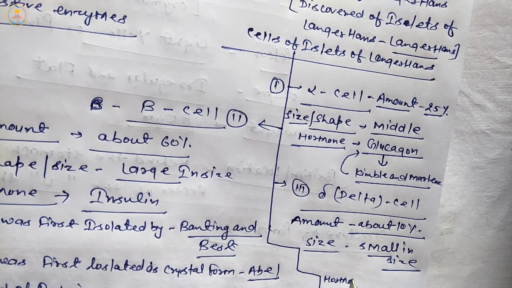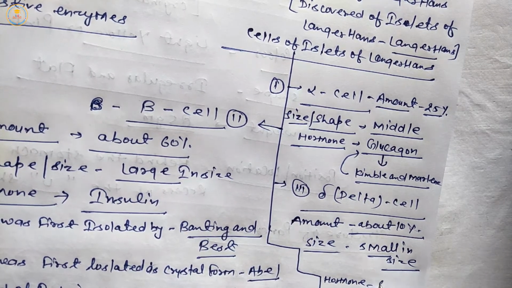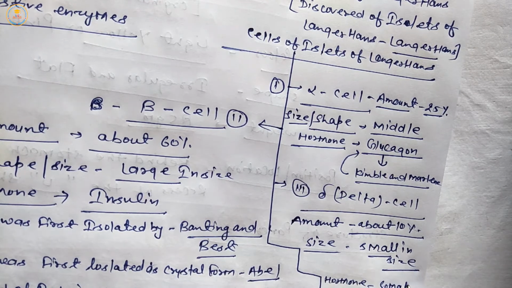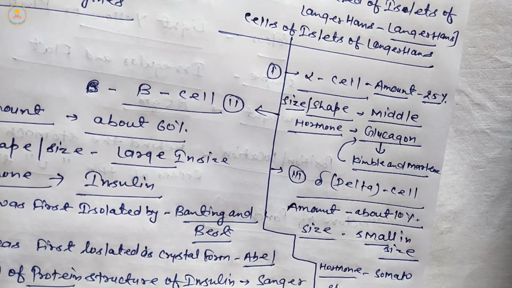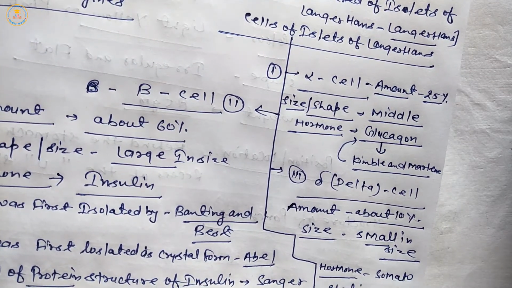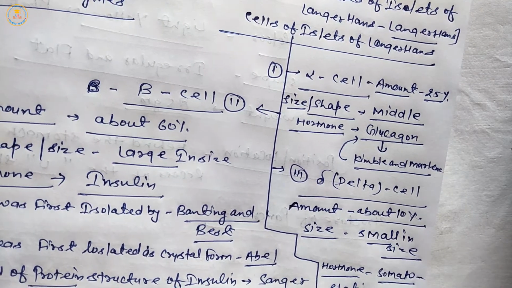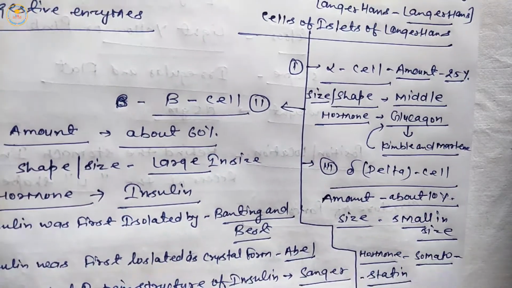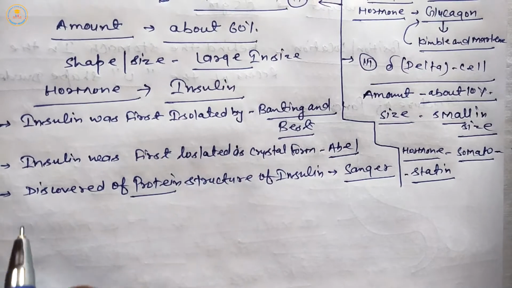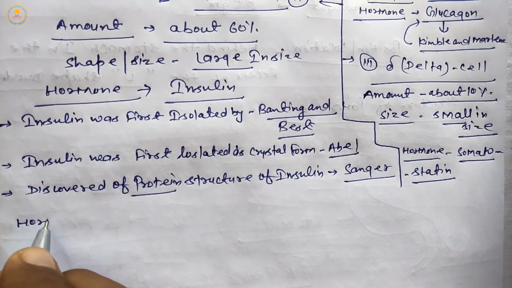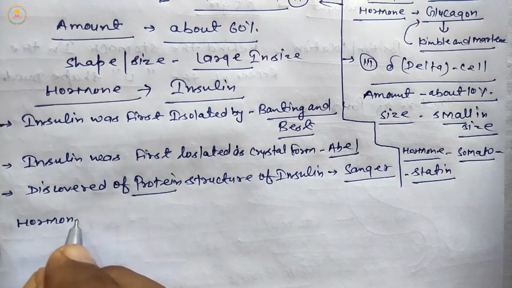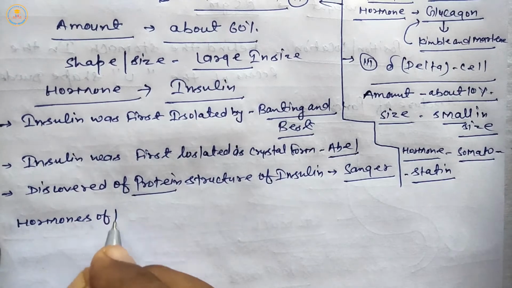Next, the hormone is somatostatin. Once again, somatostatin. Next is the hormones of pancreas.